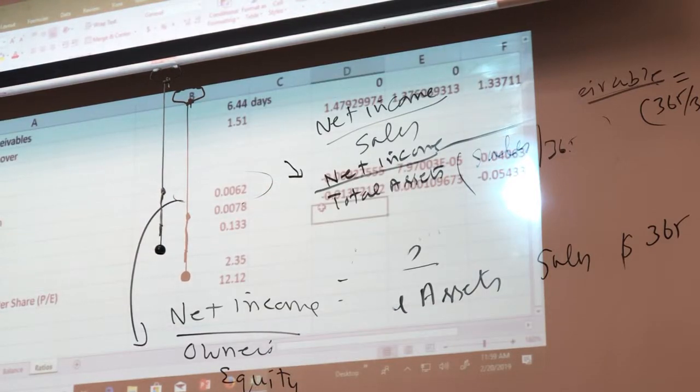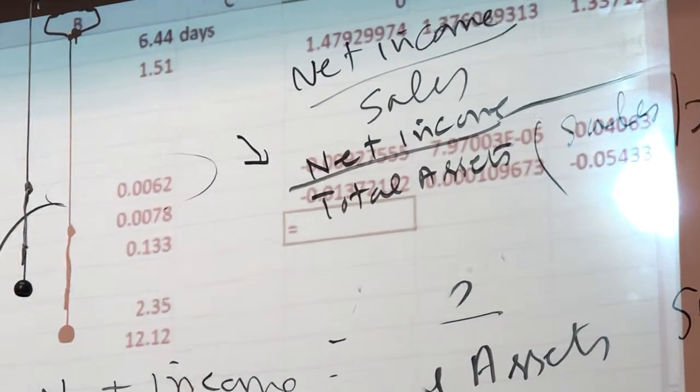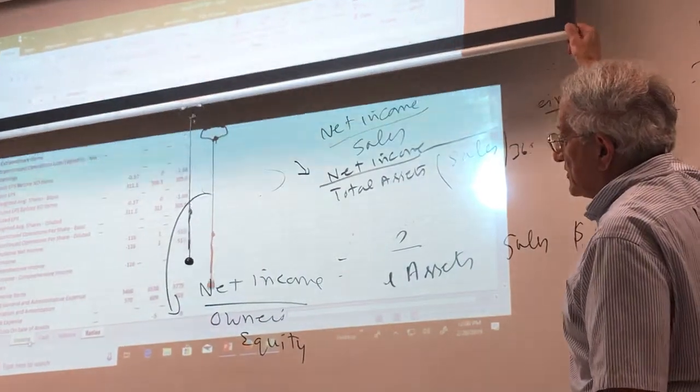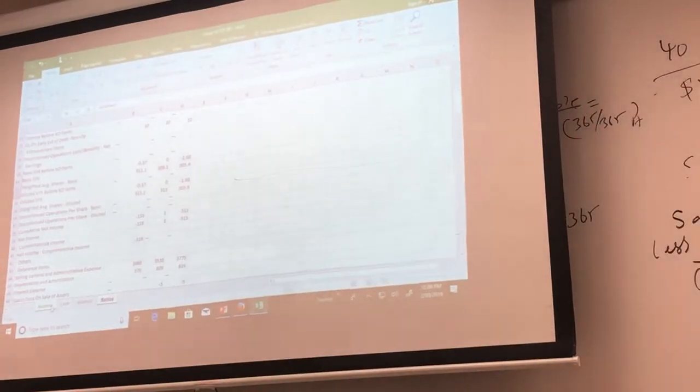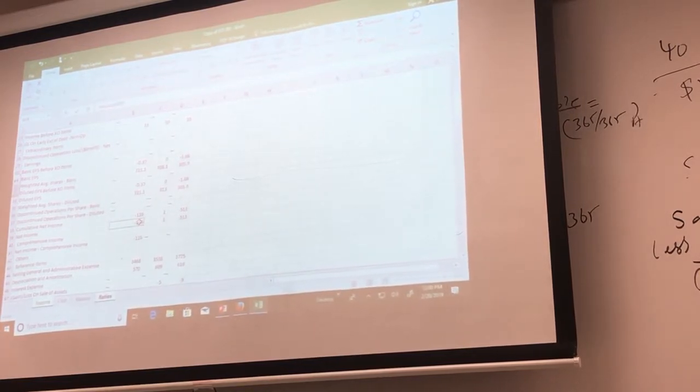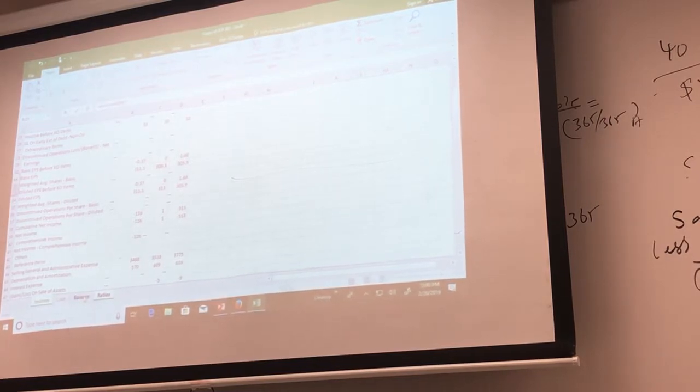So let's click on this, and once again, equal sign. So we click on income statement, and we use the same net income number as we have used before. Net income number is negative 116 here in B39. Division. Click on balance sheet.